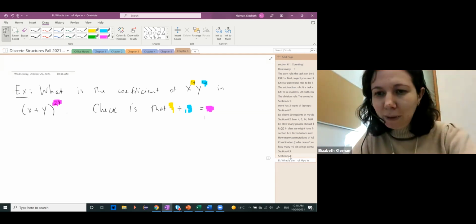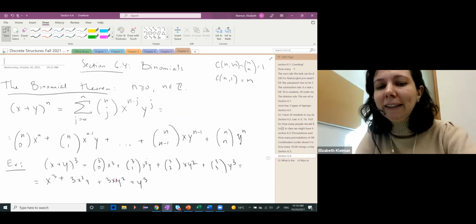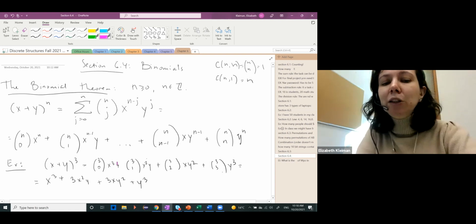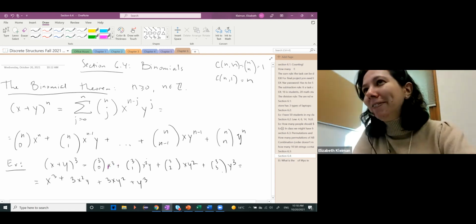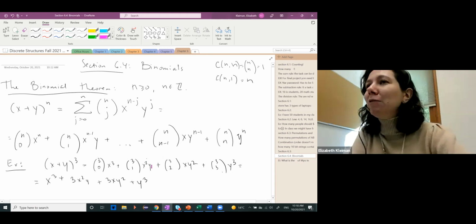Because if you think about it, in the earlier example, I do not have things like x cubed multiplied by y, or x squared multiplied by y squared.